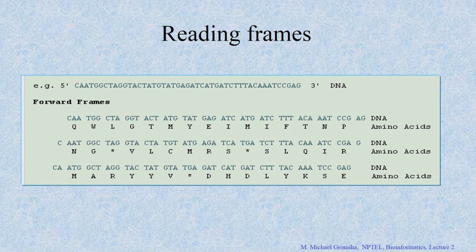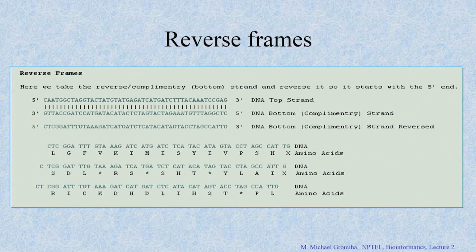Likewise, in the reverse frame. So, how to get the reverse frame? Reverse complement. If you have this 5 prime to 3 prime sequence, you take the complement, then you get the 3 prime to 5 prime direction, and you reverse it, then you get the complementary strand from 5 prime to 3 prime.